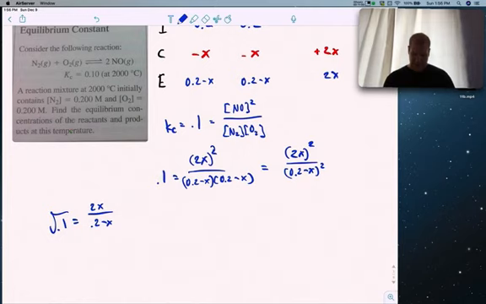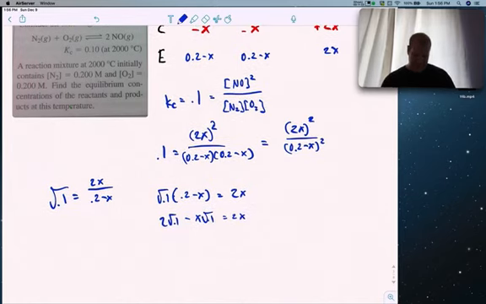And now we just solve for x. Multiply both sides by 0.2 minus x: square root of 0.1 times the quantity 0.2 minus x equals 2x. Now we FOIL this: 0.2 times square root of 0.1 minus x square root of 0.1 equals 2x. Then we add x square root of 0.1 to both sides to get the x all on one side.